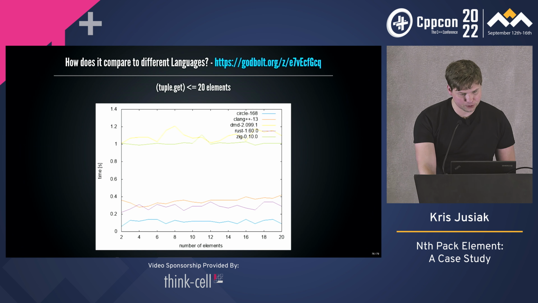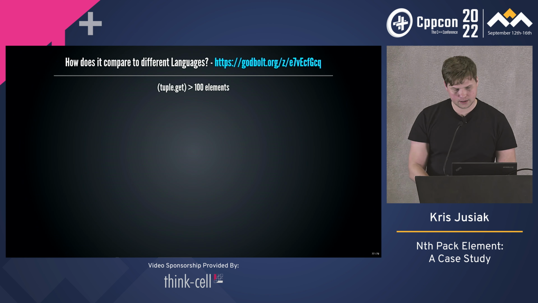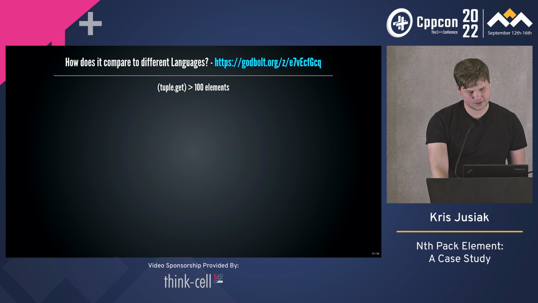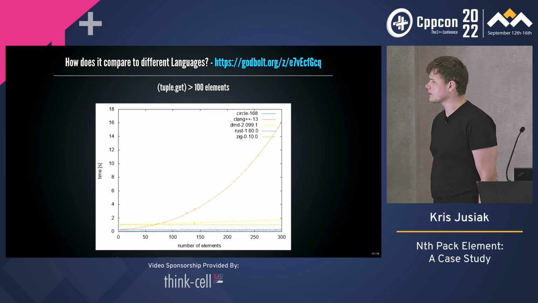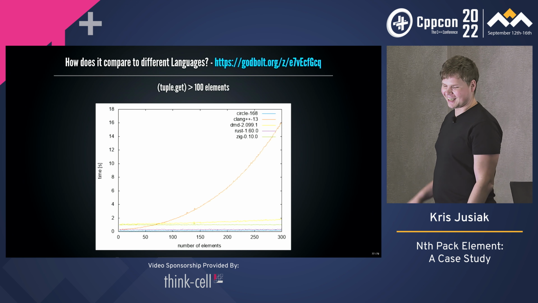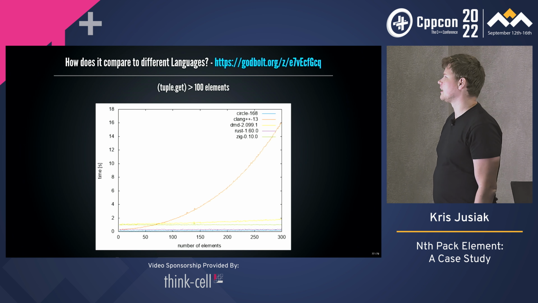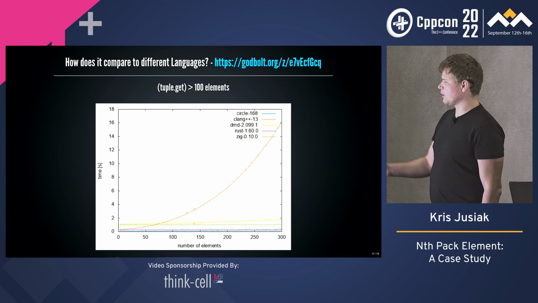But how does it compare to more than 100? That's the interesting graph. This exponential line is actually Clang.